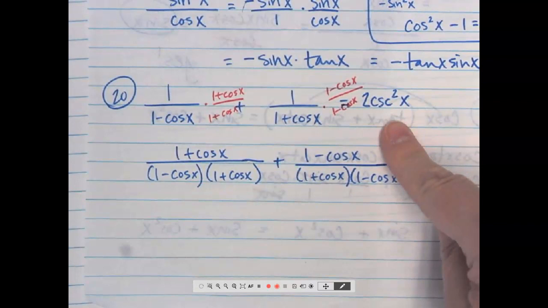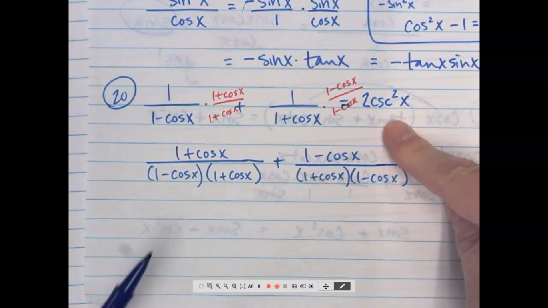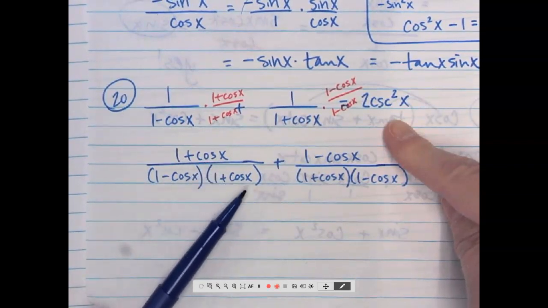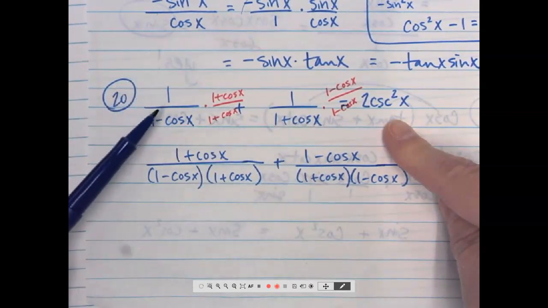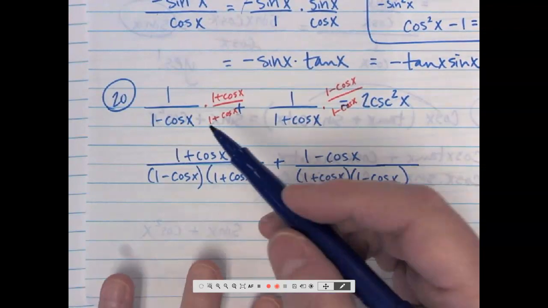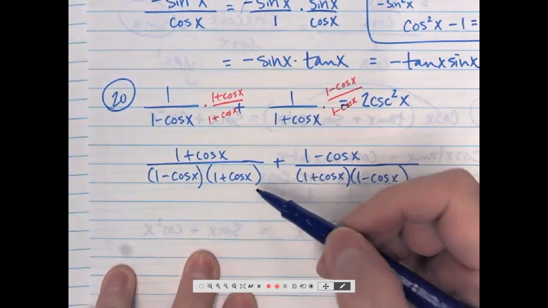Okay, keep in mind what we're looking for. Do I want to cancel those? If I cancel, I'm going right back to what I started with. So I'm like that hamster on a wheel, right? I keep getting back to what I started with. So don't cancel, even though we could.